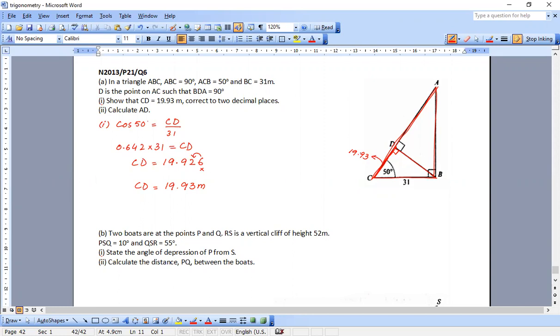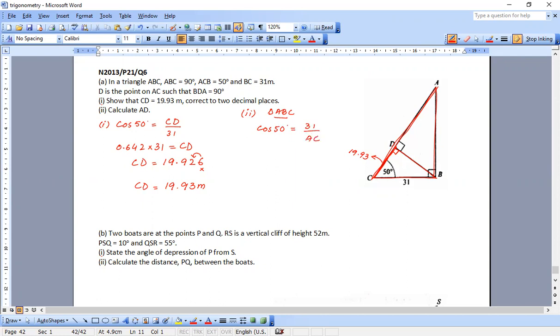So I have considered the whole triangle ABC, and in ABC, I am going to apply a trigonometric ratio to find out the length of AC. I am going to apply cos 50 degrees is equal to adjacent upon hypotenuse.